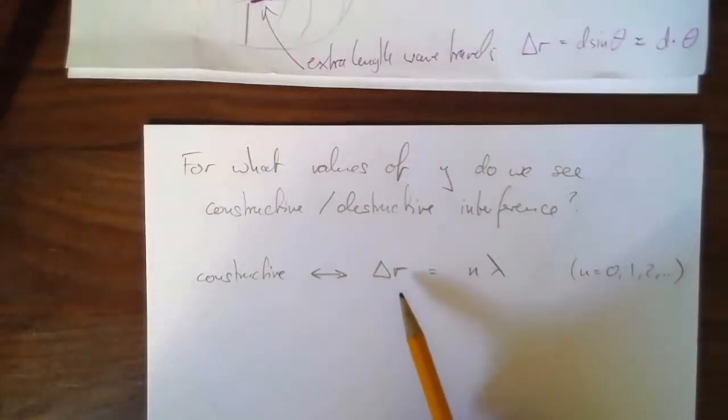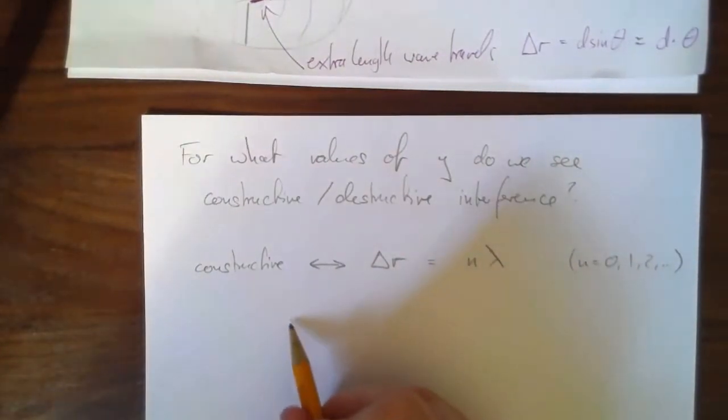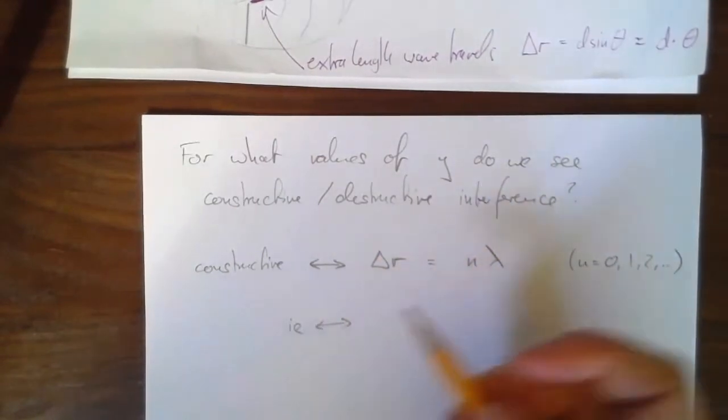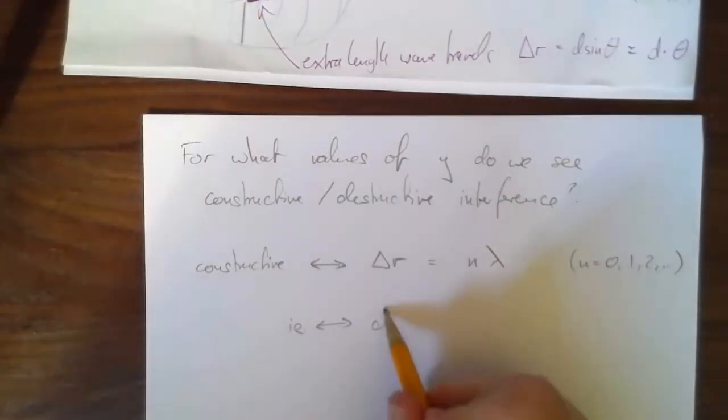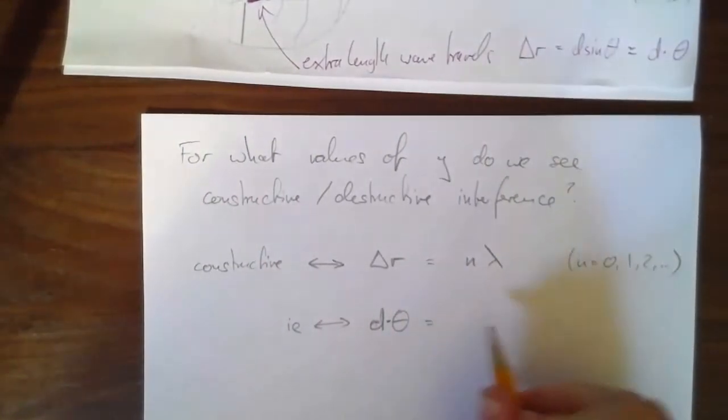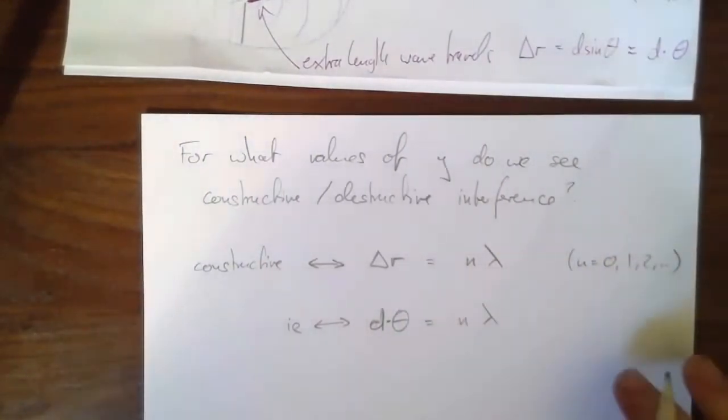Okay, now I know what delta R is. So I can write IE, it's constructive if and only if, well, delta R is this thing up here. D theta, it's not some kind of derivative, it's d times theta, right? Is equal to n lambda.